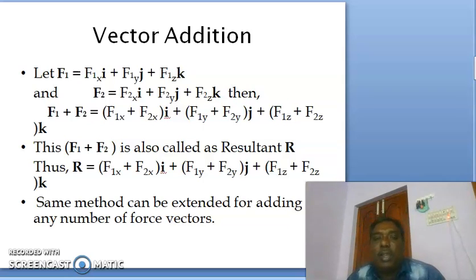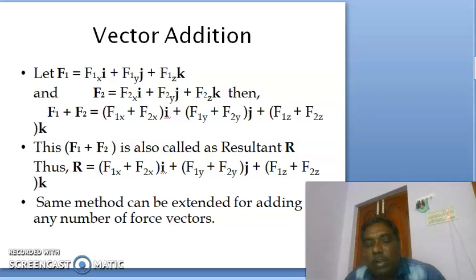Then F1 vector plus F2 vector is equal to (F1x plus F2x) i plus (F1y plus F2y) j plus (F1z plus F2z) k.